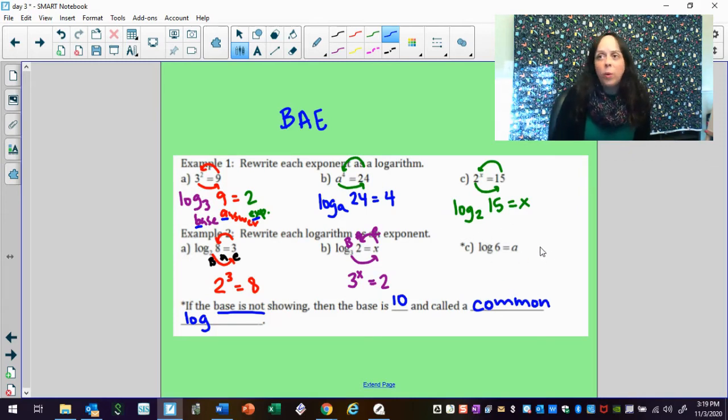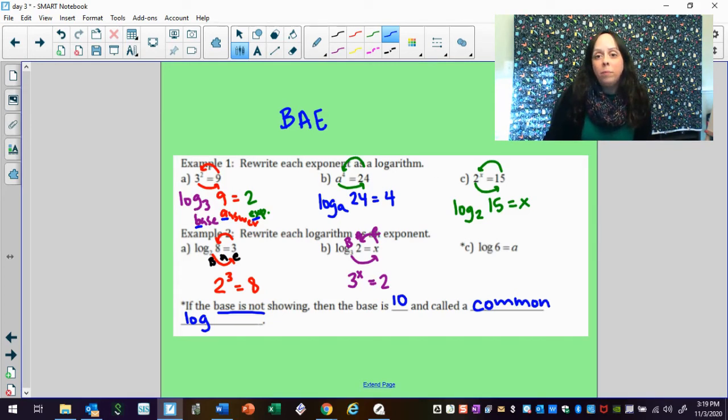So I guess what happened was mathematicians just got tired of having to write the base all the time, and they commonly use the base of 10. It was very common to use that. So they're like, you know what, guys, let's just all agree. Let's be lazy. Let's do a shorthand. If we don't write the base, that means it's 10, okay? Kind of like when we do a square root.